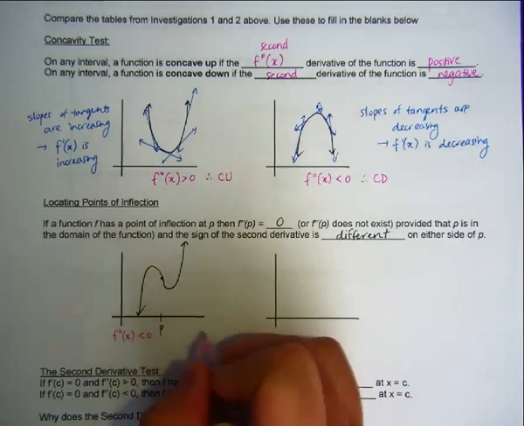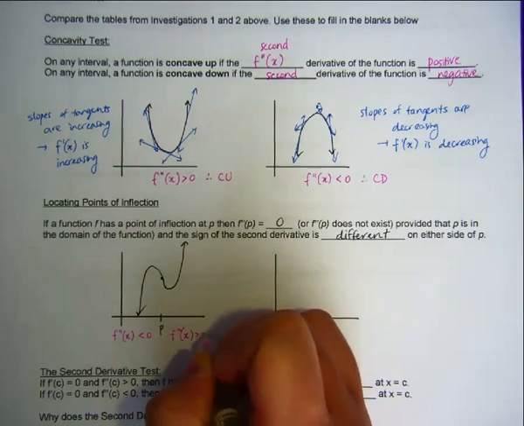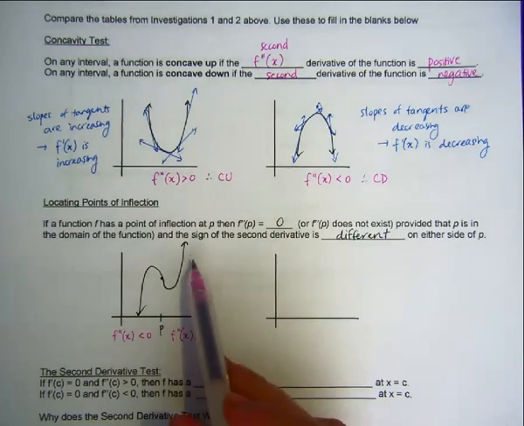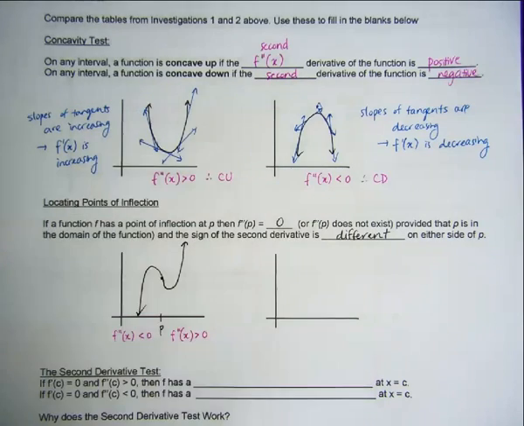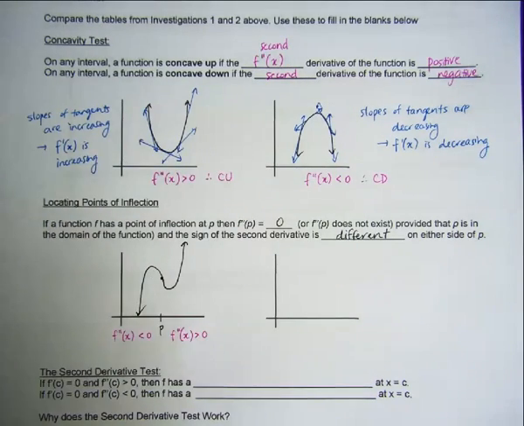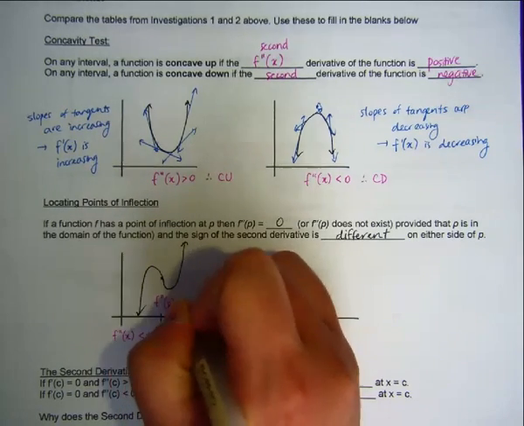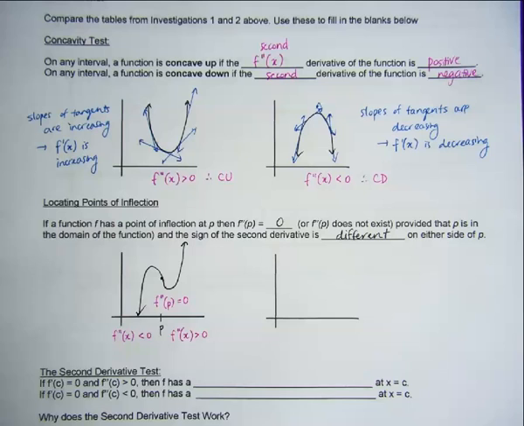And then to the right of the point p, the second derivative is going to be positive, concave up. And at p, our second derivative is going to equal 0. And that's how we know we have a point of inflection. The sign of the second derivative changes from negative to positive.